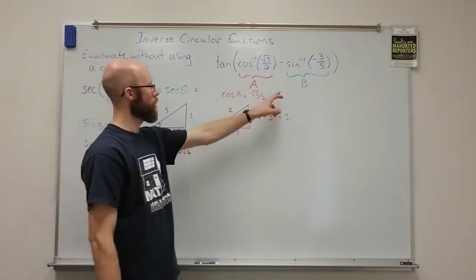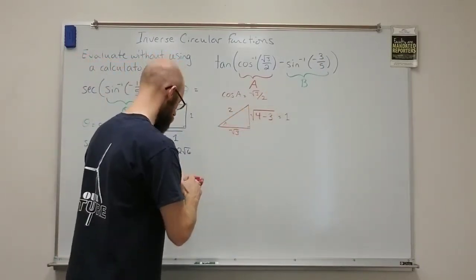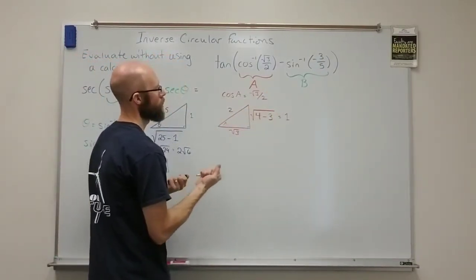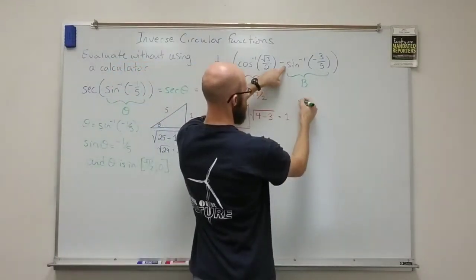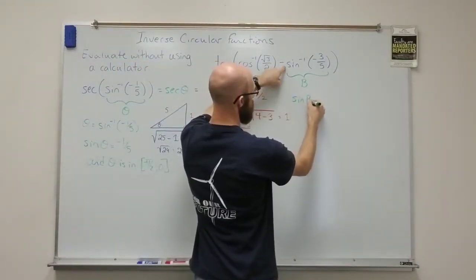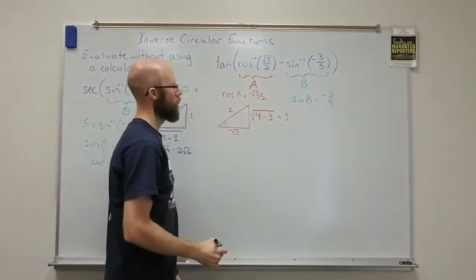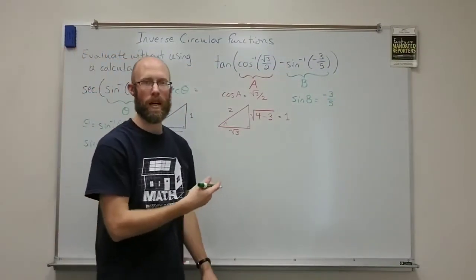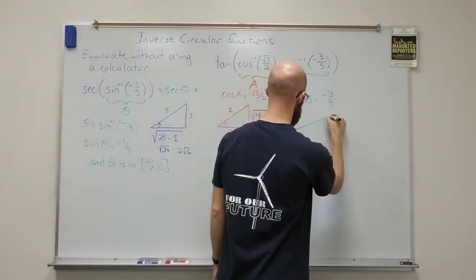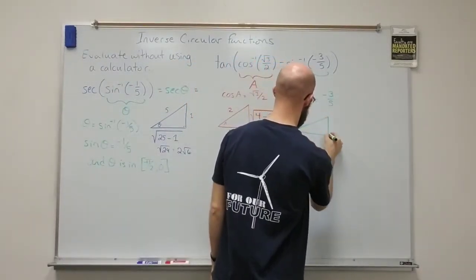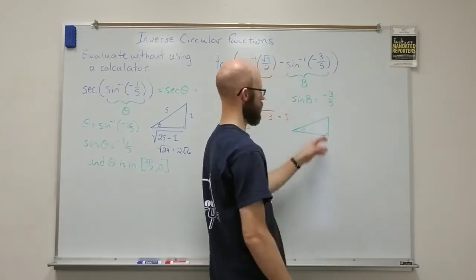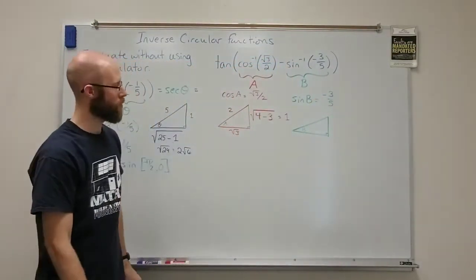And then over here for angle B, I know that the sine, so we're dealing with the sine, so the sine of B is negative 3/5. Well, B again, I can make a triangle for angle B. Now I'm going to ignore the negative, we'll come back to that negative.